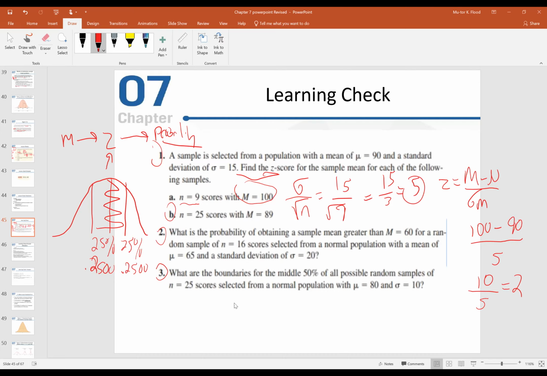And what we can do with this is also calculate the standard error of the mean. Well, before we calculate the standard error of the mean, we have to calculate the z-score. We wouldn't be able to find this without a z-score.